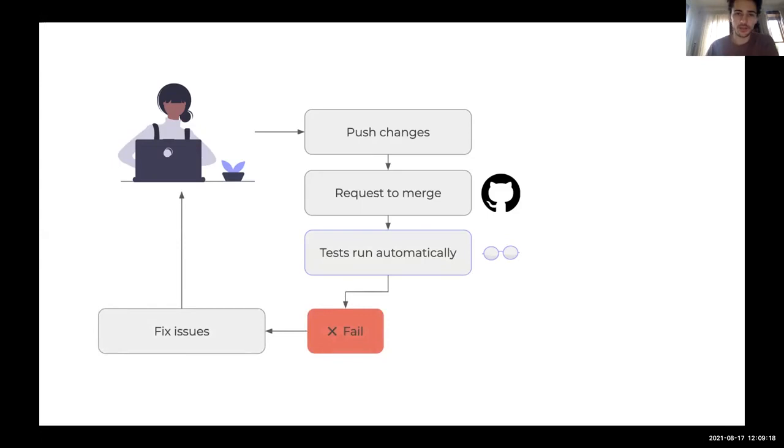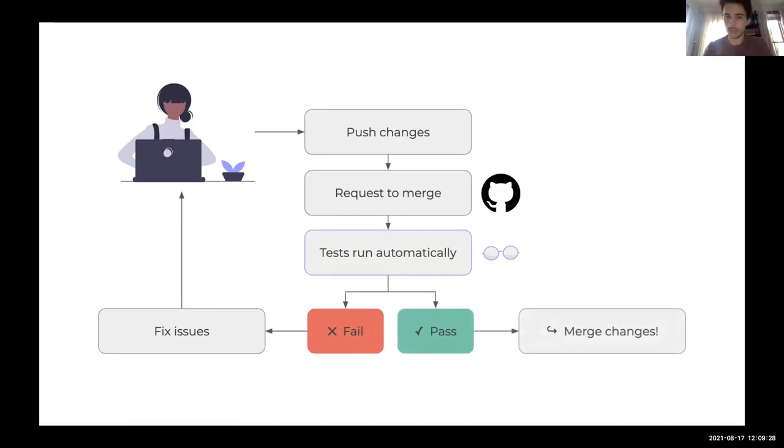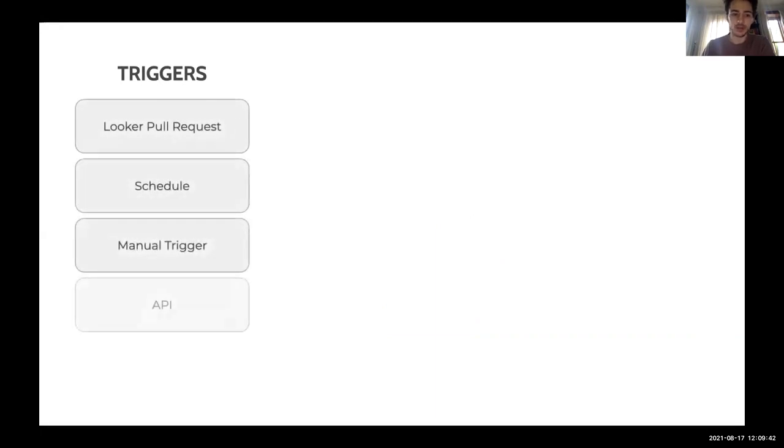She can go and fix those issues on her development branch. She can push them back up, and the process restarts. And eventually, she's going to get to a state in which everything is passing, her code looks clean and ready to merge, and she can merge those changes with confidence, knowing that they're not going to impact her downstream users or cause any problems. And so that at a high level is what Spectacles does. So Spectacles, those tests can be kicked off in a number of different ways.